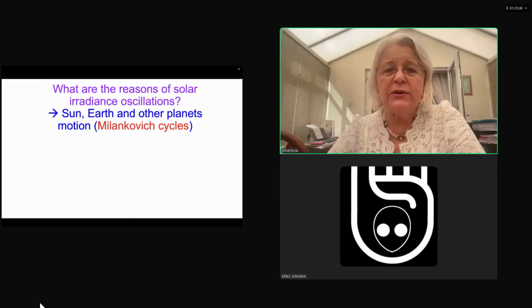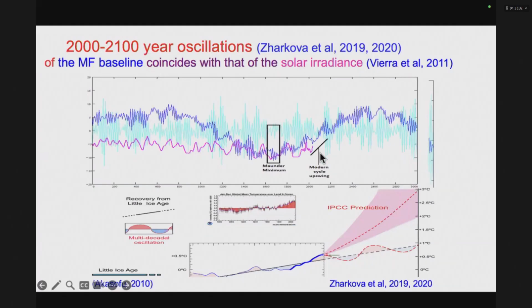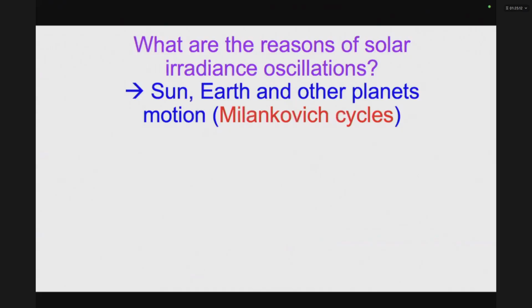So after we discovered this period, and discovered that the increase of the temperature is obviously associated with the increase of the solar radiance and the northern inclination of the summary curve toward the northern polarity, we wanted to see which cycle can produce it, because it has to be orbital motion.